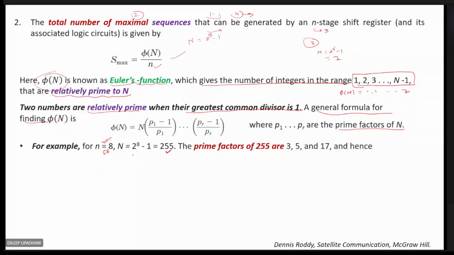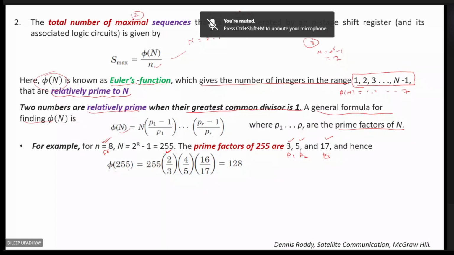If you calculate the prime factors of 255, they are 3, 5, and 17. Hence we can take p1 as 3, p2 as 5, and p3 as 17.